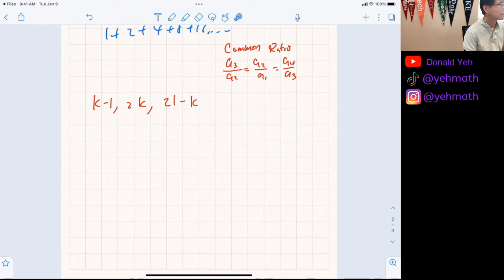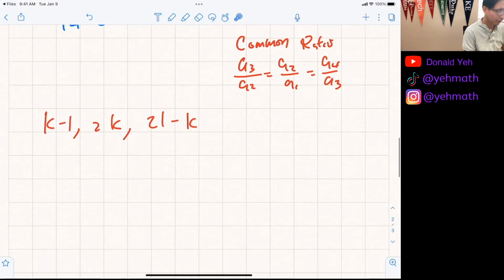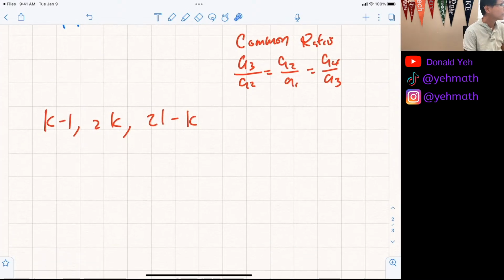K is a constant. Zoom in a little bit. This is an algebra 2 question.